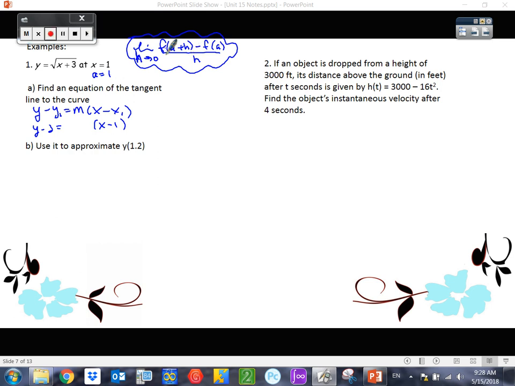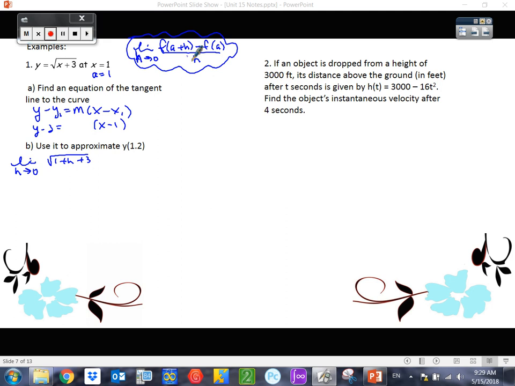So we have the limit as h approaches 0. Okay, this first piece, f of a plus h: wherever there's an x in my function, I'm going to put 1 plus h. 1 is my a. So I'm going to write, in place of the x, 1 plus h, and then I'm just going to copy the rest of the stuff, plus 3.